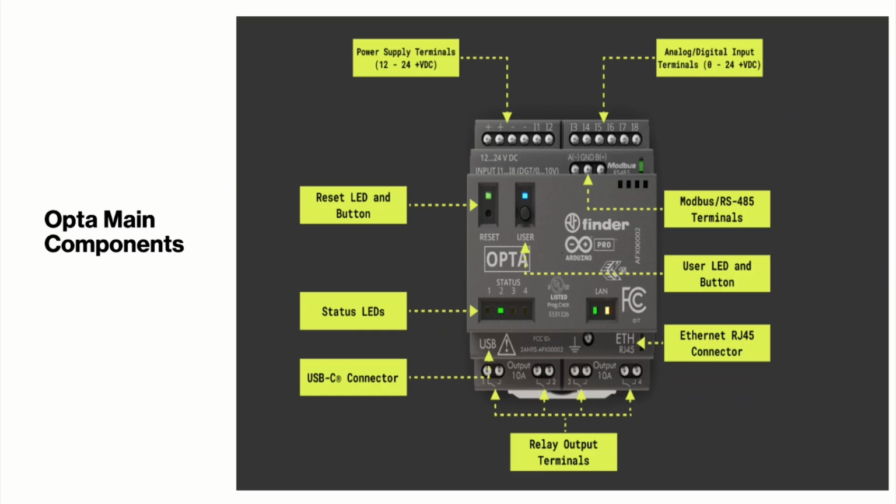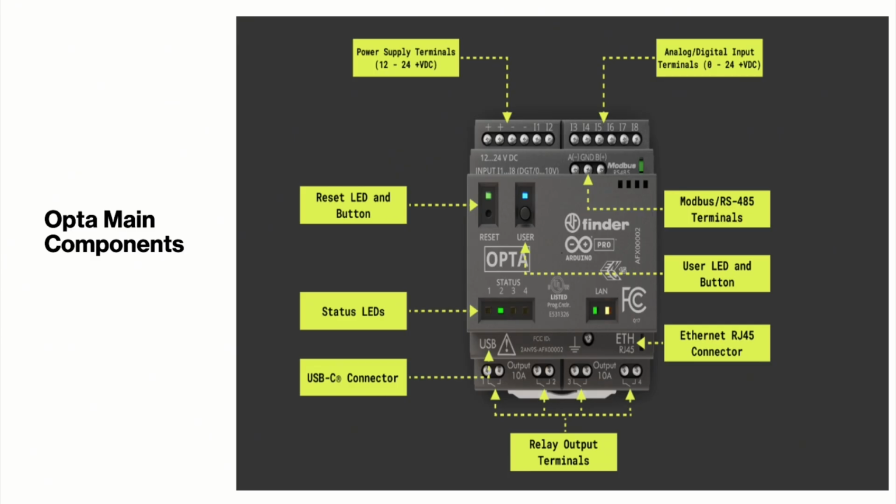OPTA's main components. This will give you a clear idea of how wiring and connections are made. On one side, you have power supply terminals that provide reliable power input to the device. Next, you have the multiple digital inputs where you can connect sensors like push buttons, limit switches, or proximity sensors. There are relay outputs that can directly control devices such as fans, pumps, or alarms.